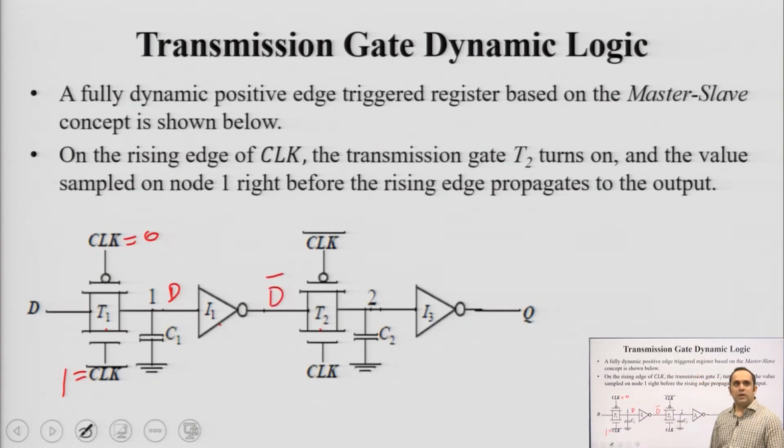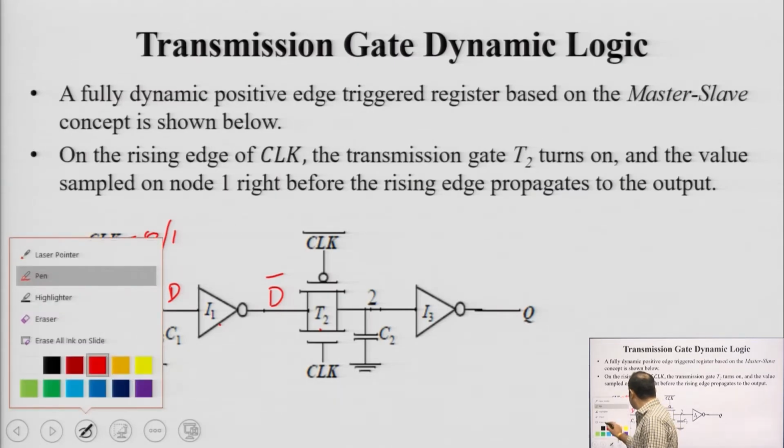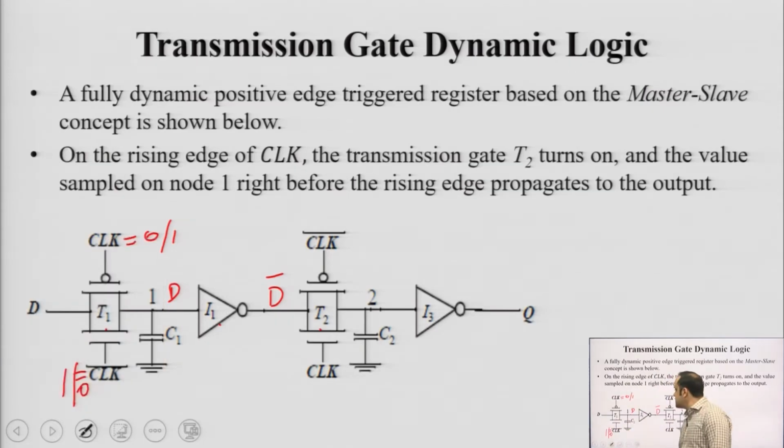On the opposite side, when clock goes 1, clock bar will go to 0. In this case, this transmission gate will be off, but if this is 0 and this is 1, this transmission gate T2 turns on now, and whatever was present here, D bar, gets sampled here across capacitor C2. After this inverter, it reaches the output.